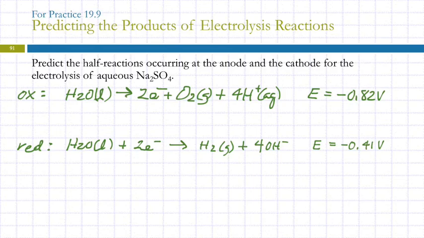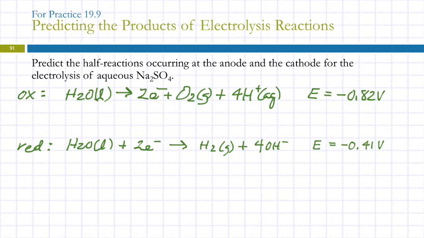So what could happen with the sodium and the sulfate? What could the sodium do? Sodium ion, would that be oxidized or reduced? Yeah, so Na plus, is that going to lose more electrons? No, it's going to gain.